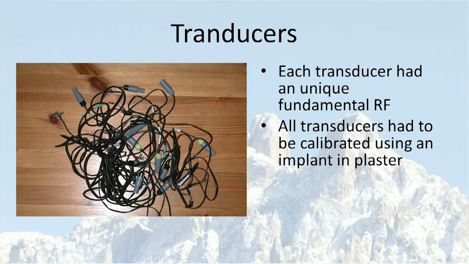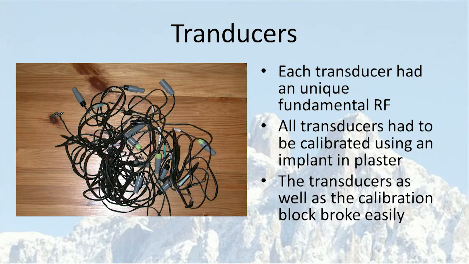Another problem was that since we had to sterilize these transducers, they were very brittle and broke often, as well as the calibration blocks. So we had a problem of keeping all the measurements on track. So there was a need of improvements in this sense.